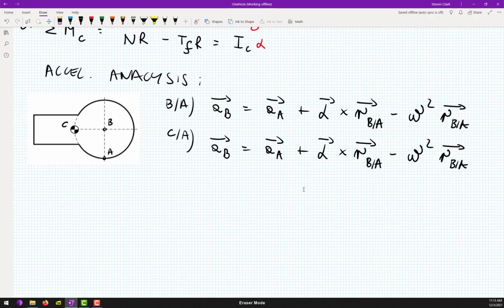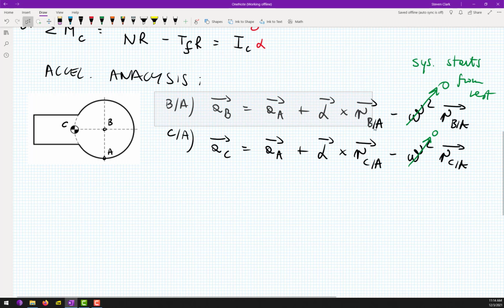I'm going to replace B with C. Moreover, I kept in mind that our system starts from rest, so I can set this stuff to 0. This is 0, and this is 0. System starts from rest. Okay, so now let's just do acceleration analysis between B and A.